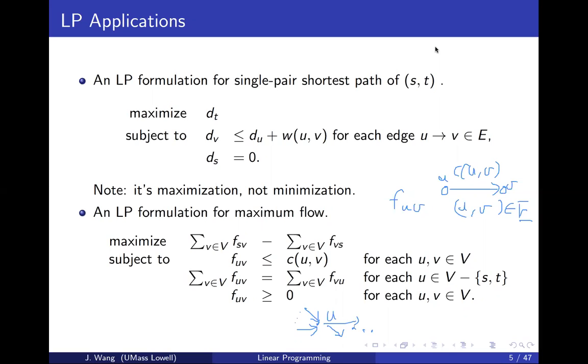That is the flow conservation constraint. So for every u that is not S or T, the flow that goes into u, that's f_vu, summed over v, is equal to the flow that goes out from u, that's f_uv, for all v that u goes to. This is the flow conservation, and then of course all the flows have to be greater than or equal to 0.